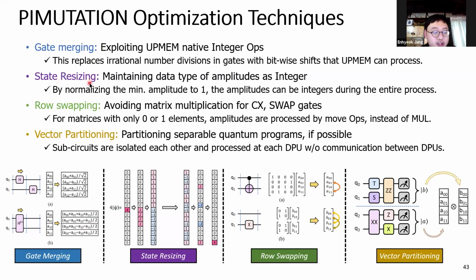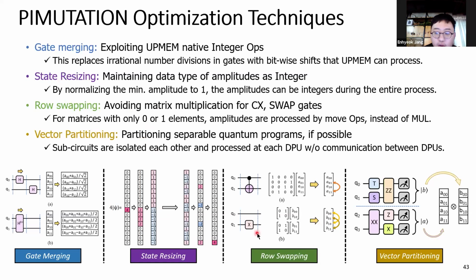The second is state resizing, which maintains the data type as integer during the quantum circuit simulation process.